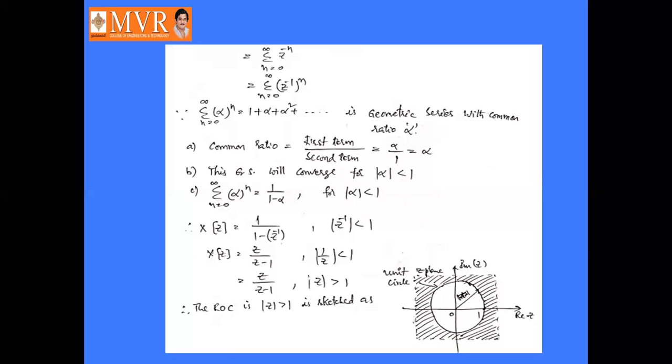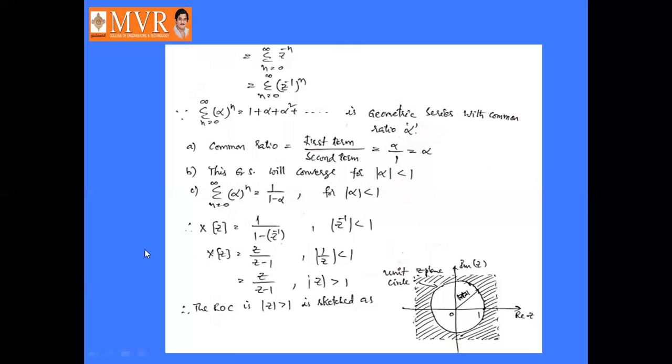So the ROC of this problem can be represented like this. This is the imaginary axis and this is the real axis with the unity circle. For every sketch of ROC, we have to note the unity circle, mod z equal to 1.